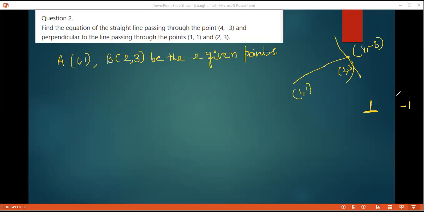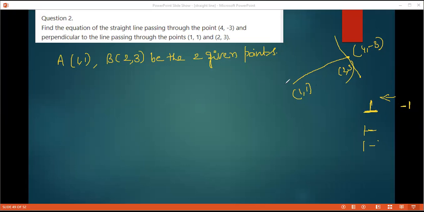If you rotate in clockwise direction, it is going to be like this, right? So it is nothing but -1. In that way, because the two lines are perpendicular, the product of slopes is -1.